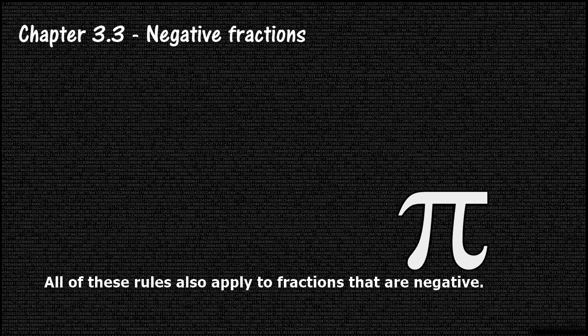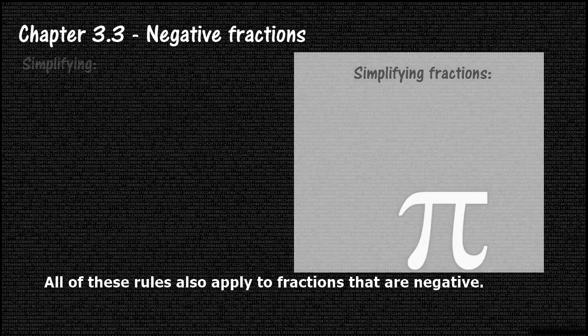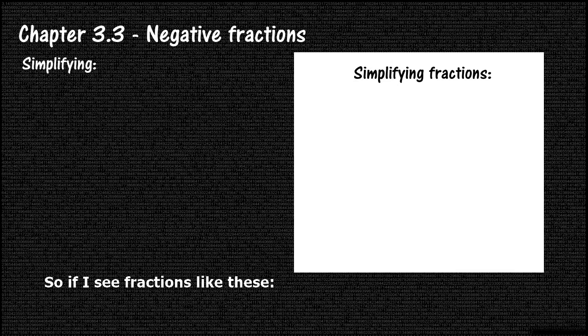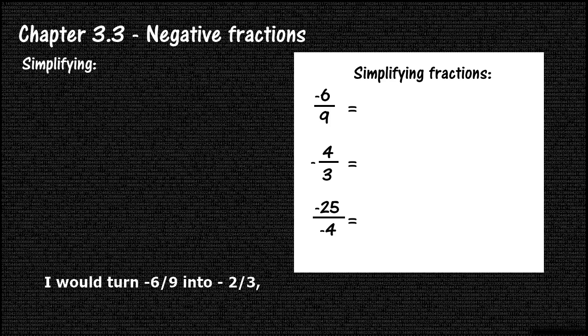All of these rules also apply to fractions that are negative. So if I see fractions like these, I would turn minus 6 over 9 into minus 2 over 3. This one, minus 4 over 3, becomes minus 1 1/3.